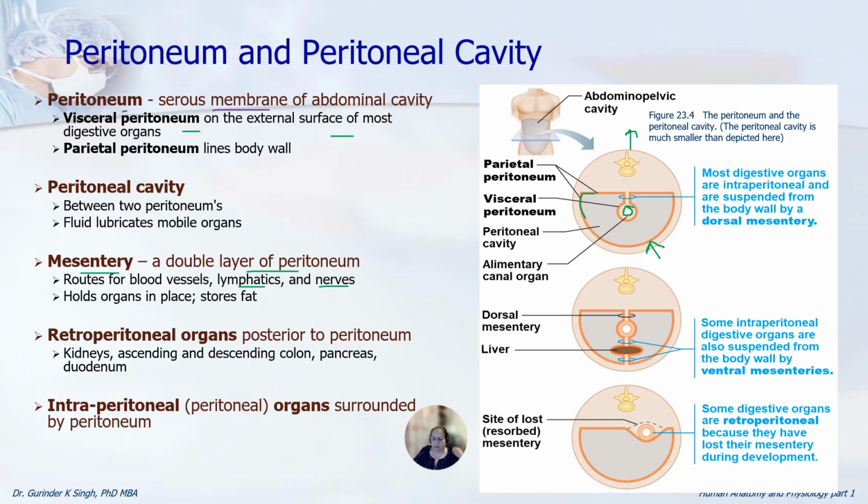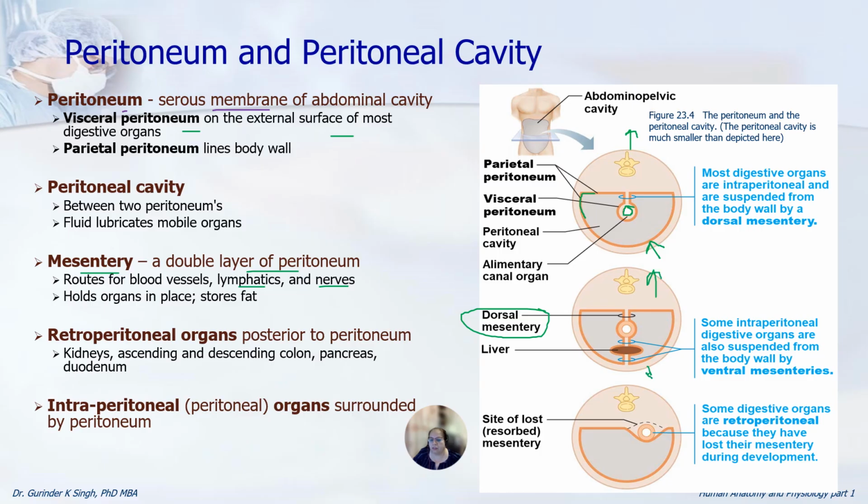Okay, in the abdominal region, we have two types of mesenteries. One is towards the dorsal side. That means that mesentery is a sac of peritoneum layer which is attached to the posterior wall of your abdominal cavity. Okay, so you have dorsal mesenteries. So remember, this is the posterior side of the body and this is the anterior side.